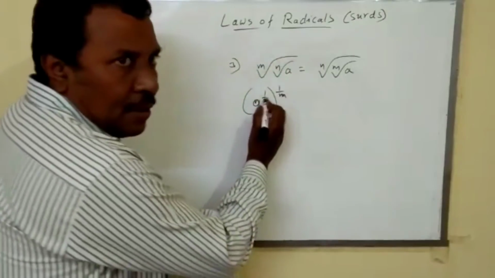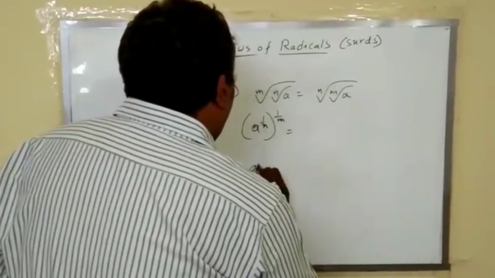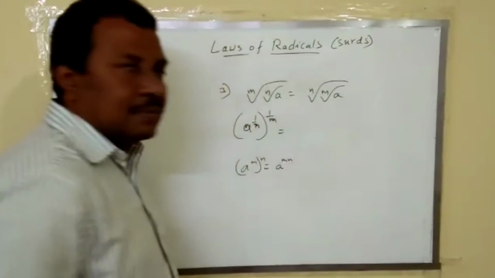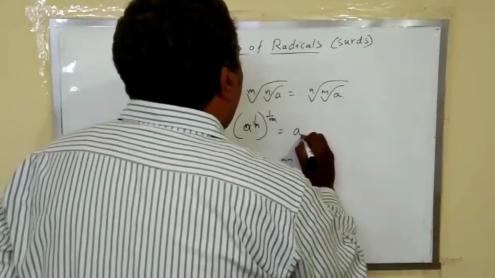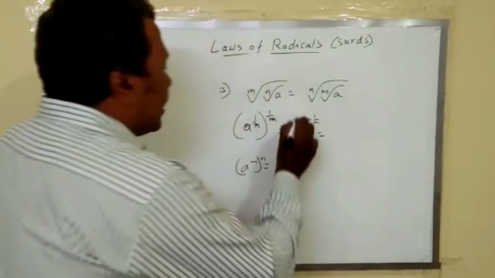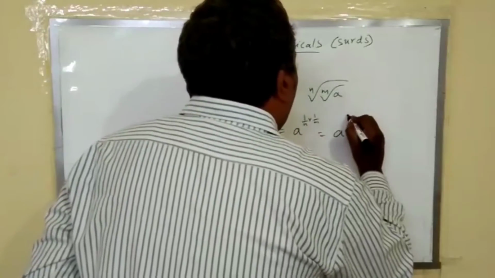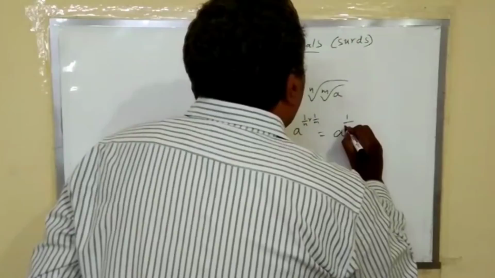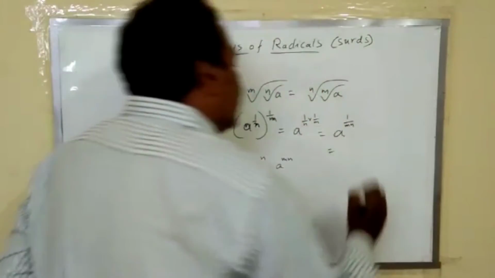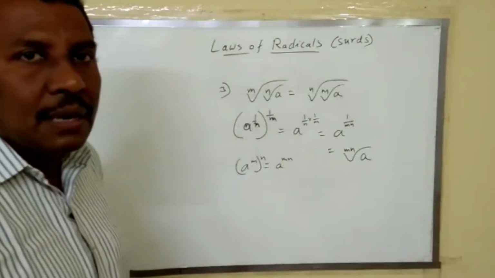So a power 1 by n whole power 1 by m is equal to a power 1 by n into 1 by m. That becomes a power 1 into 1 is 1, m into n is mn. Again write this in surd form, that becomes mn root a. Like this. Okay.